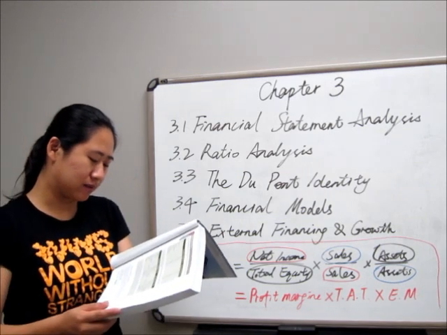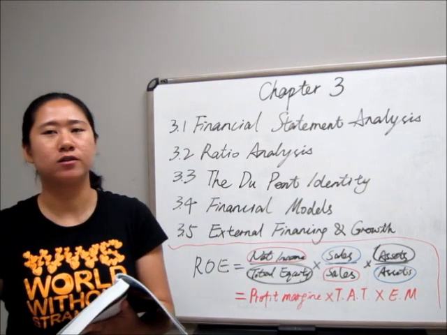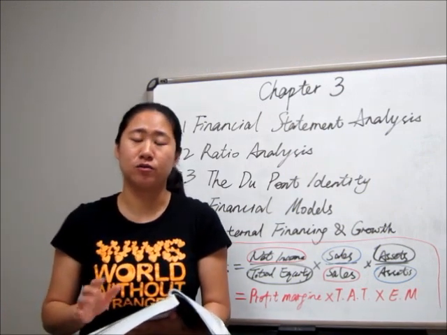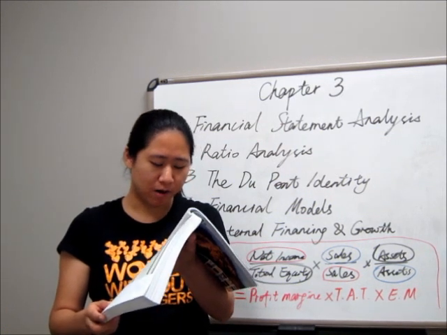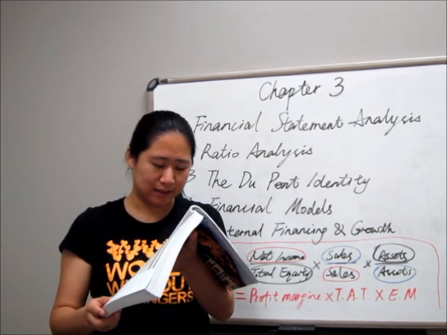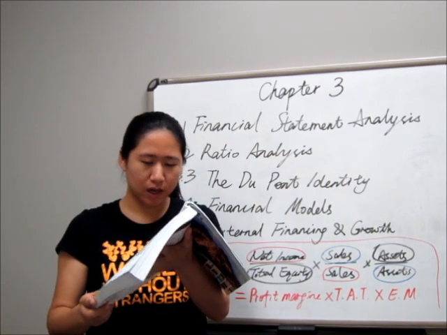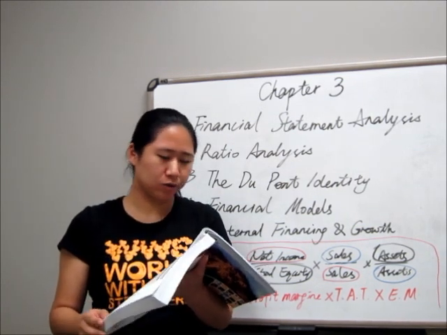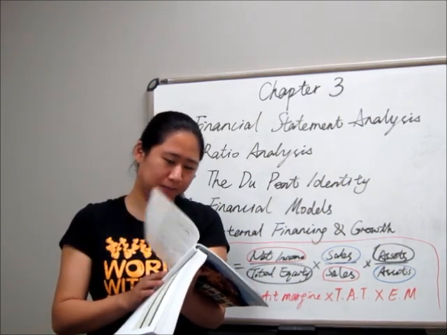And the last group is market value ratios. The market value ratios focus on the price of the stock. And we have price earnings ratio, market to book ratio, and the EV multiple. So these are all the ratios. Many ratios have different uses.